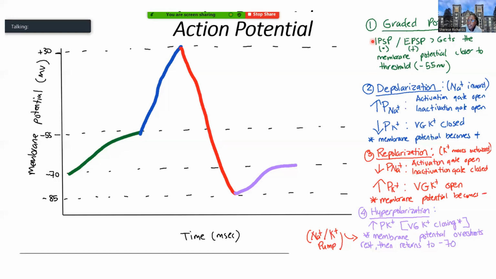I do want to explain here the IPSP and EPSP. We haven't gotten to this yet. We will when we look at the synapse, but these are basically synonymous with hyperpolarization and depolarization. IPSPs are negative membrane potential changes, and IPSP stands for inhibitory postsynaptic potential. Let me actually write that out.